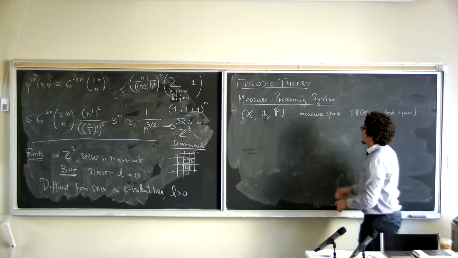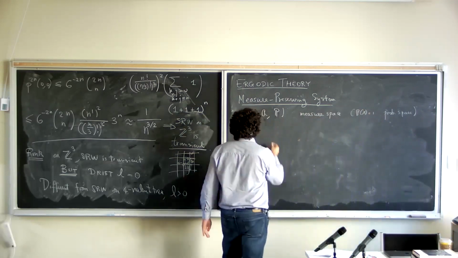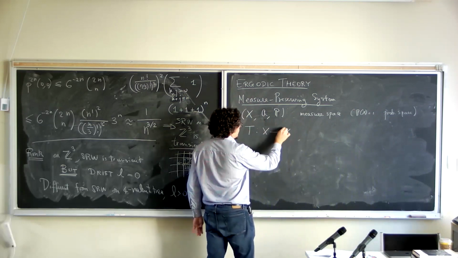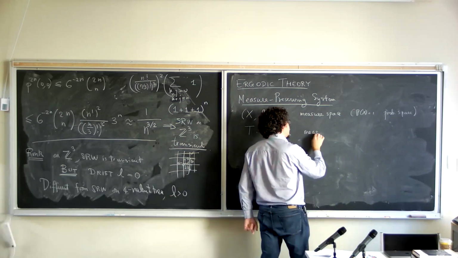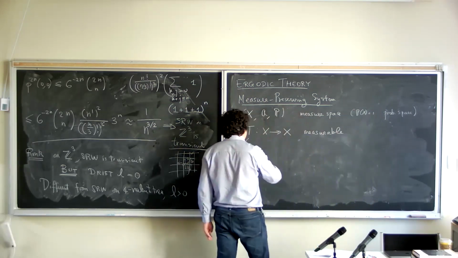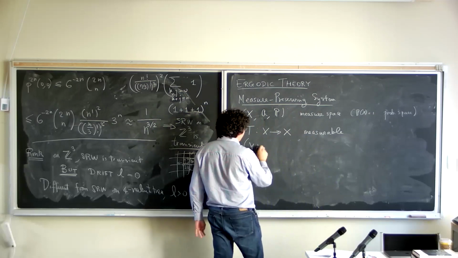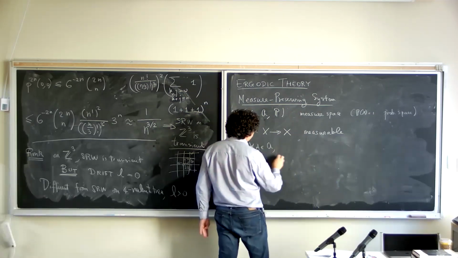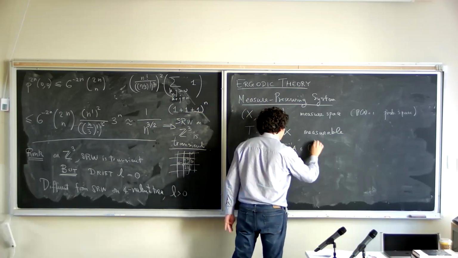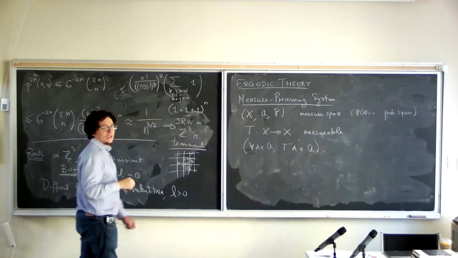Okay, and then we have a map T from X to X, a measurable map. So what does measurable mean? It means that for every A in the sigma algebra, the inverse of A is also in the sigma algebra.